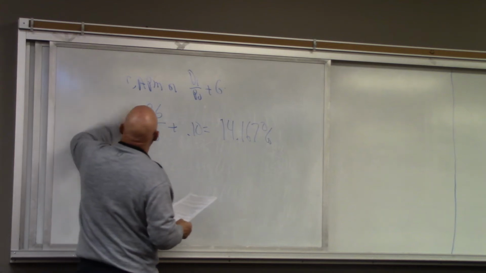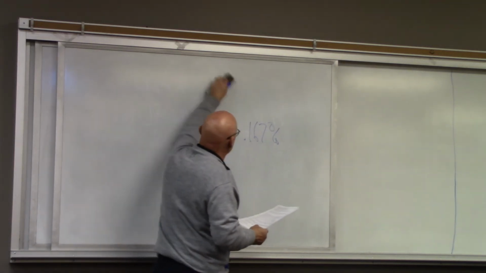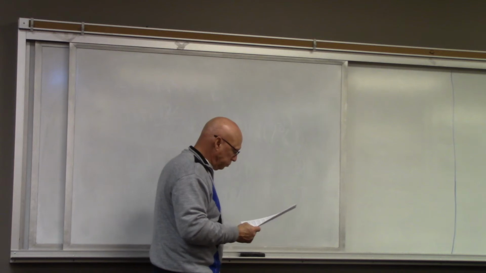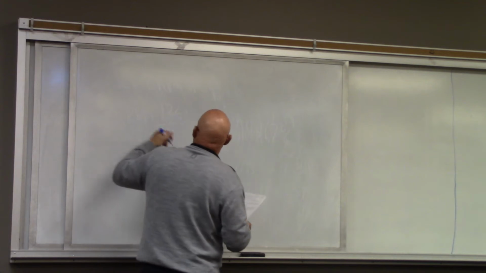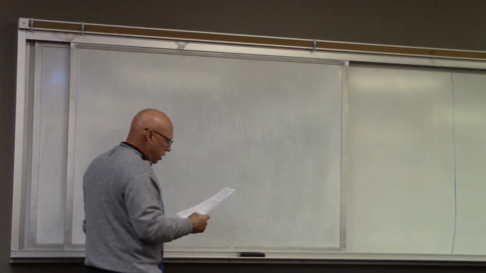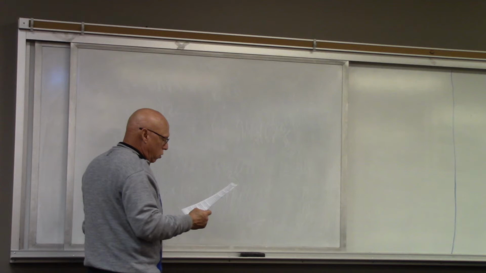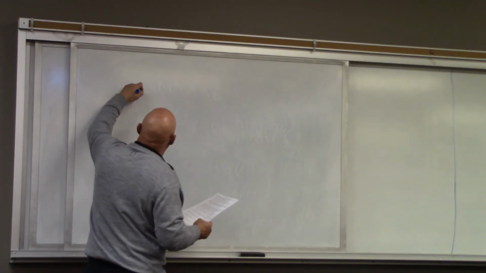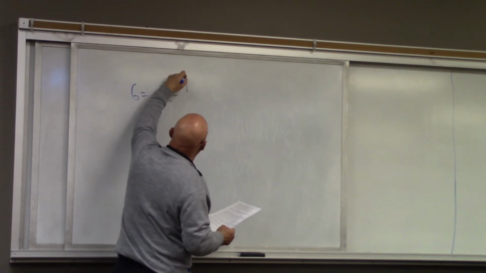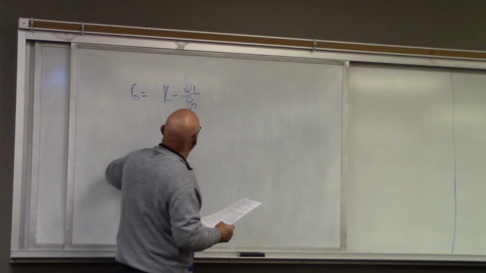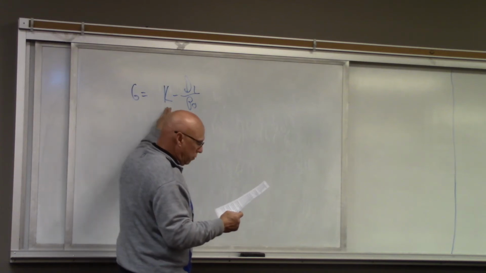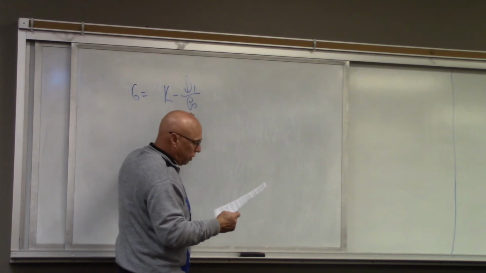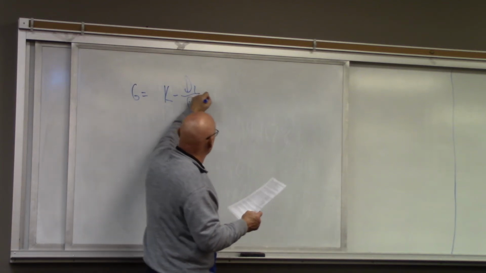Number 11. What is the growth rate of their dividends? Okay. So, g is either SGR, CAGR, or K minus D1 over P0. And so we have required rate of return of 11% and P0, so this is the formula we're going to be using.